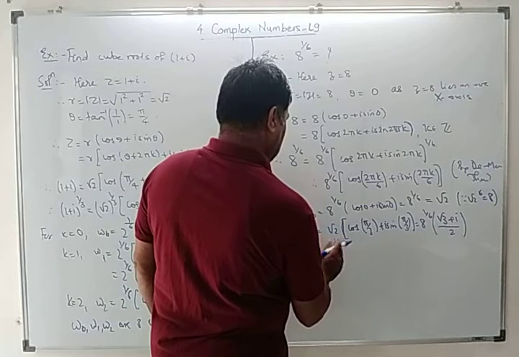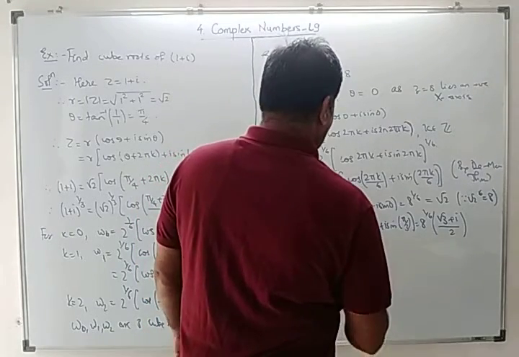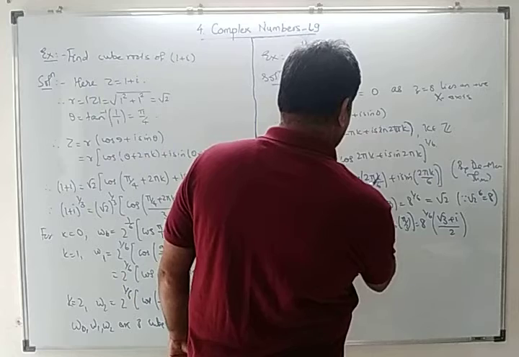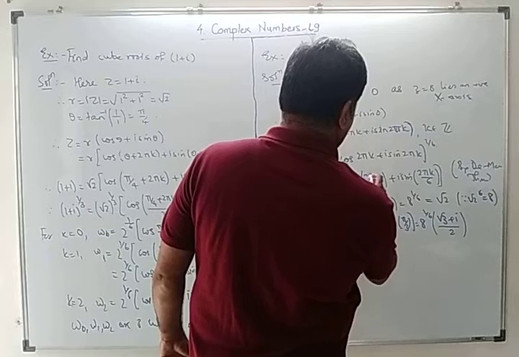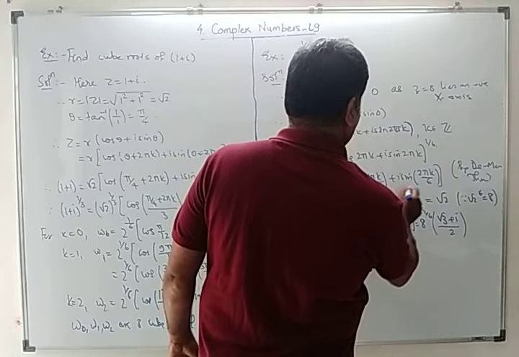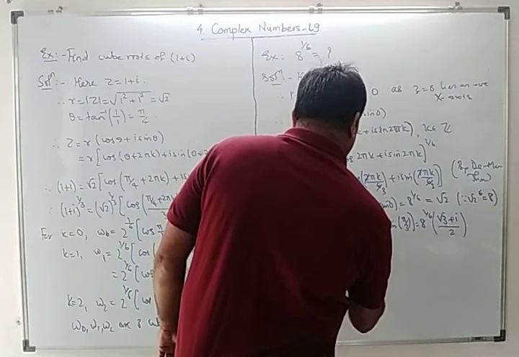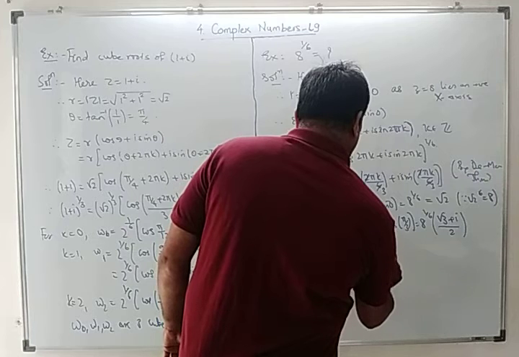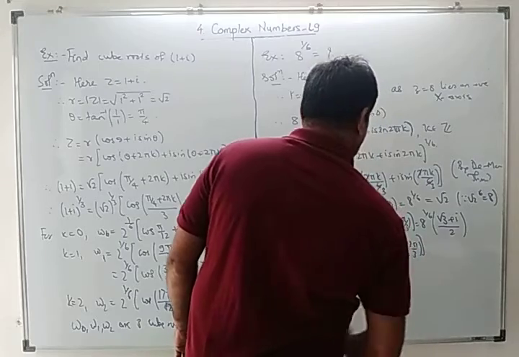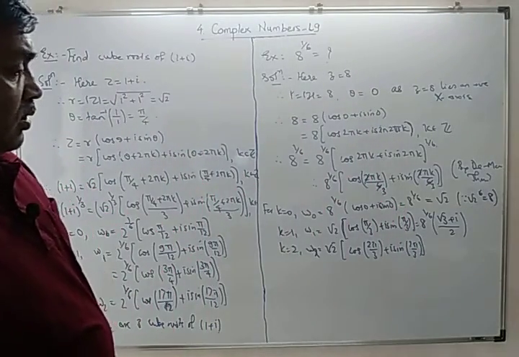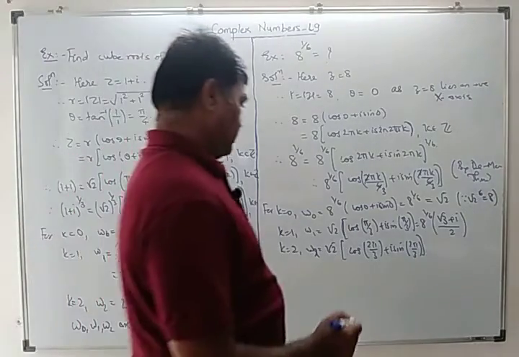So W2 is equal to root 2 into cos of 2 pi by 3 plus i sin 2 pi by 3. What is 2 pi by 3? It is 120 degrees.